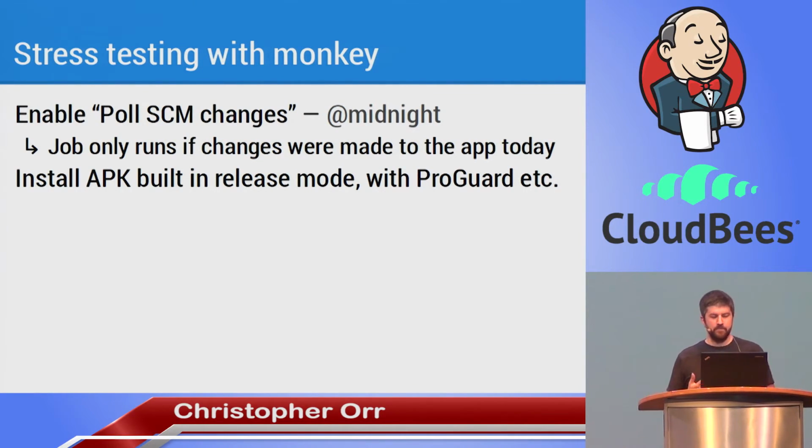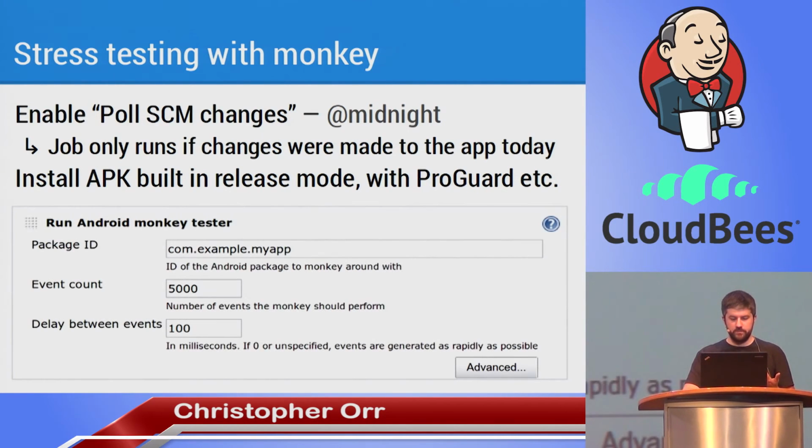So that's quite helpful. Then, of course, you just install the application. You start the emulator, install the application, and then there's a build step which will start this Monkey tester. All you say is, here's my app I want to run against. I want to run 5,000 events or 50,000, 100,000, whatever. And that's it.